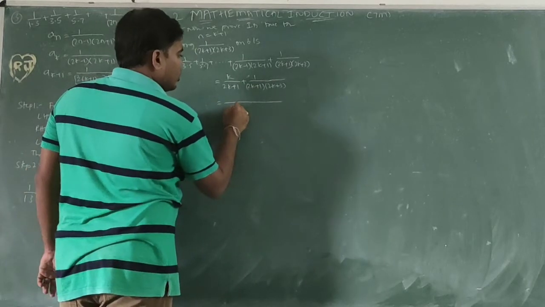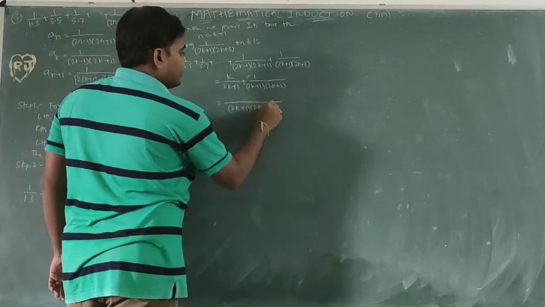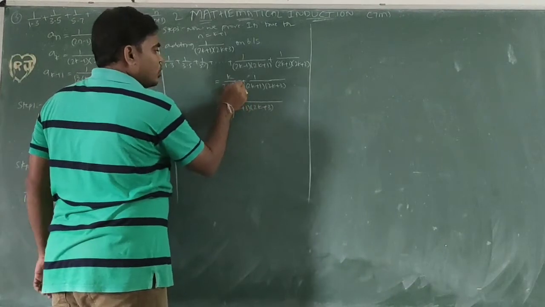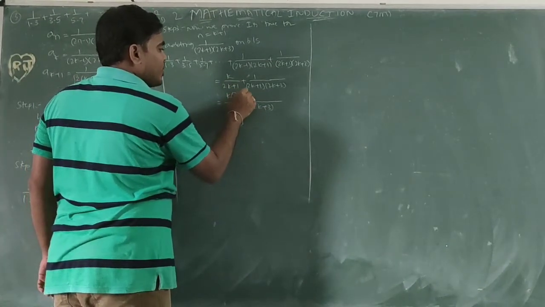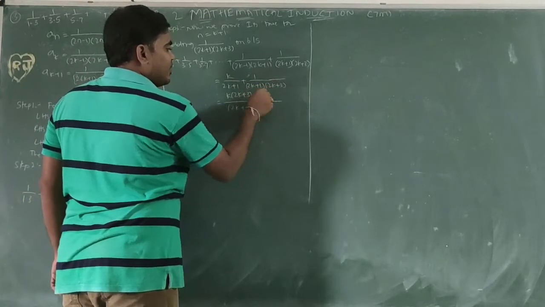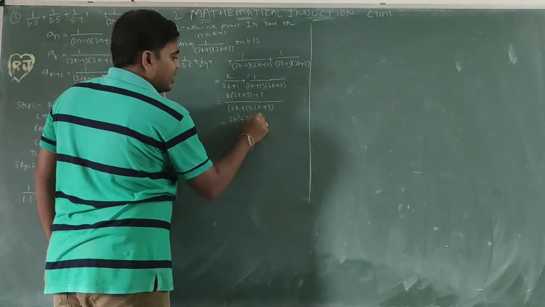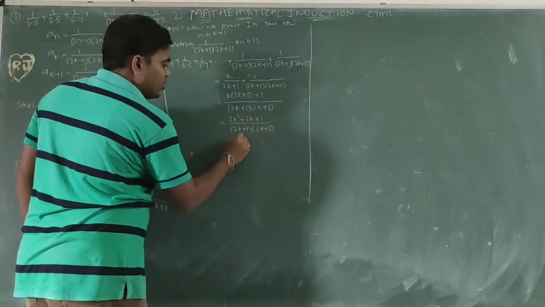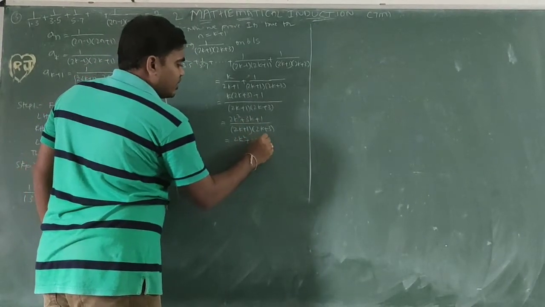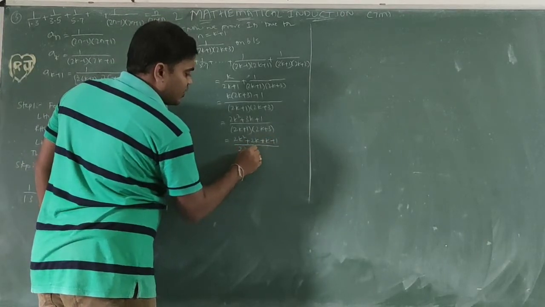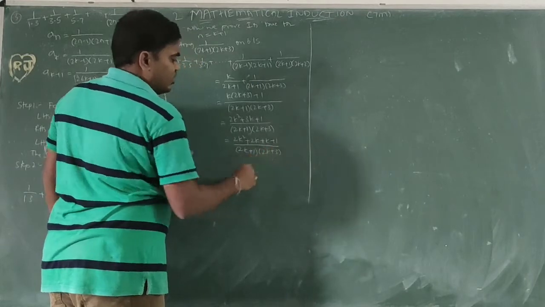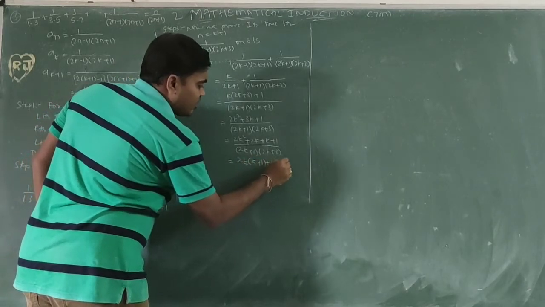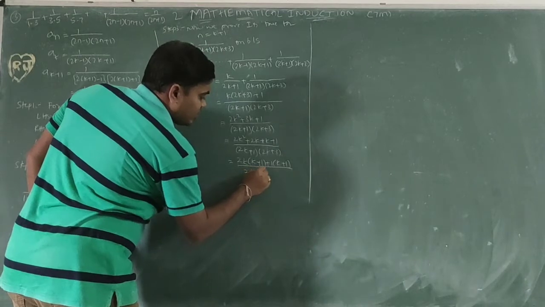Taking LCM (2k plus 1)(2k plus 3), the numerator is k(2k plus 3) plus 1, with denominator (2k plus 1)(2k plus 3). That gives (2k square plus 3k plus 1) by (2k plus 1)(2k plus 3). 2k square plus 3k equals (2k plus 1)(k plus 1), so we get (k plus 1) by (2k plus 3).